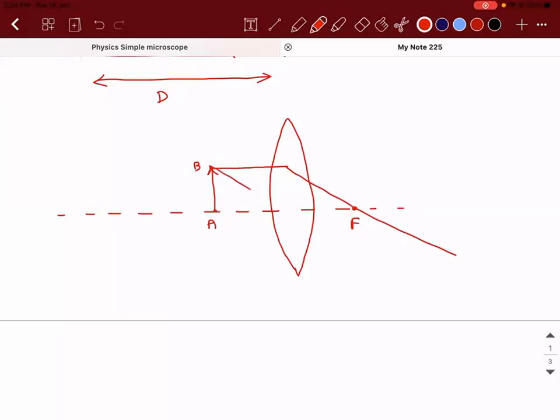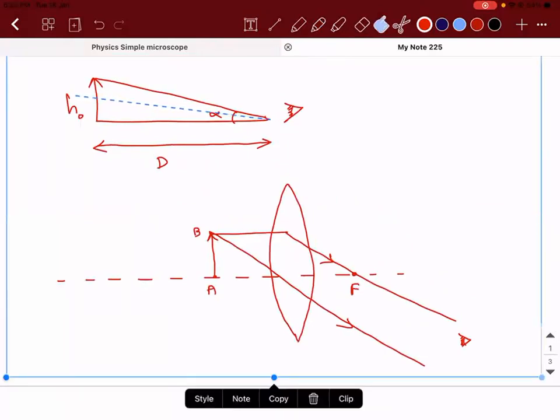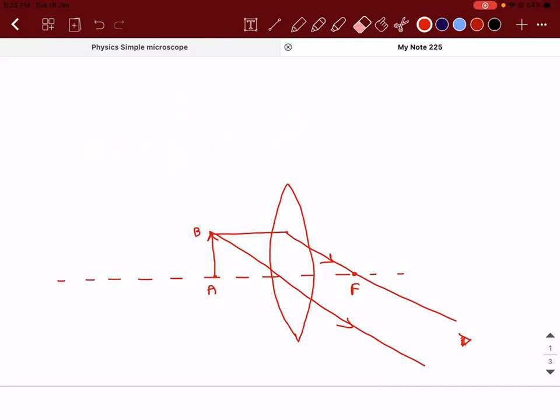If I take a ray through the optical center, it is going to travel like this, right? If I say this is I, then these two rays will get diverged in such a way that there is a virtual image, which is going to get formed here. Okay.